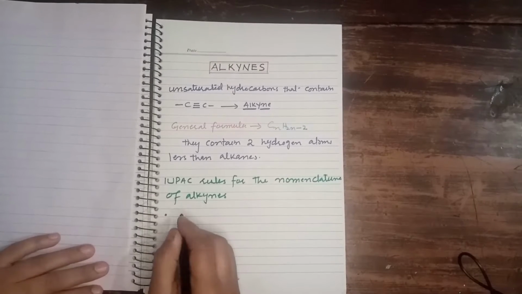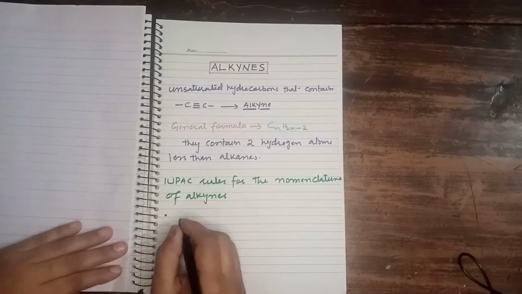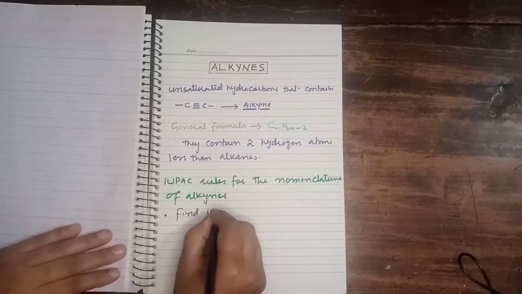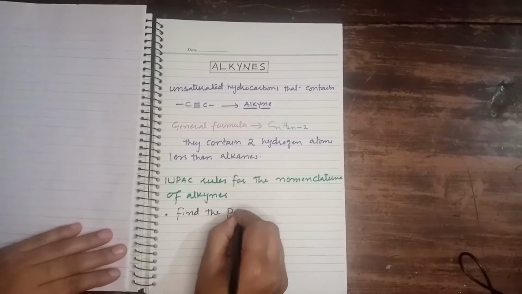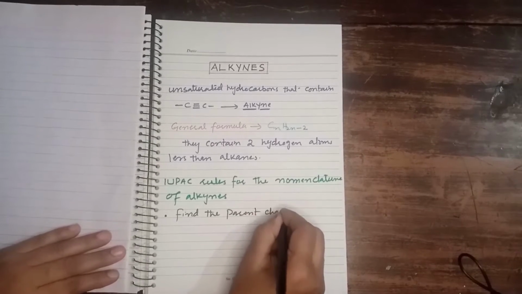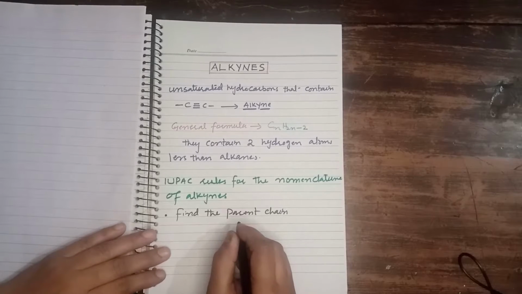The first rule is find the parent chain in the given organic molecule. What is a parent chain?